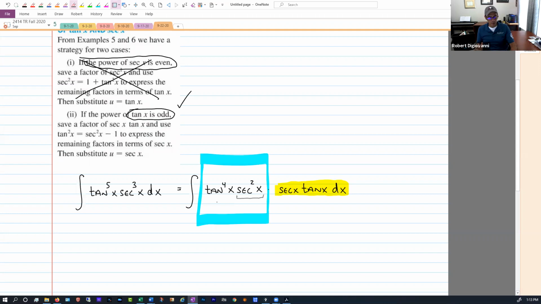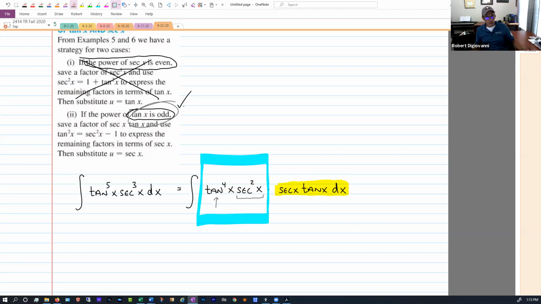It's really the tangent to the 4th that I have to change. And I know it's tangent to an even power because the step said if tangent was odd to start, and I peeled one tangent off, so what's left has to be an even power of tangent. That make sense?